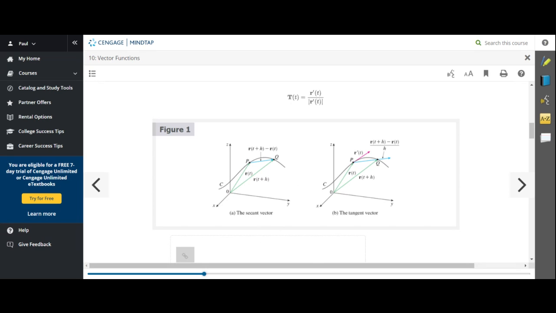It makes sense that the position vectors r of t plus h and r of t would approach each other, and the secant line would look more like a tangent vector, that r prime of t there in figure 1b.